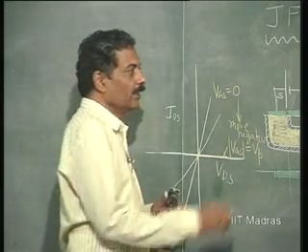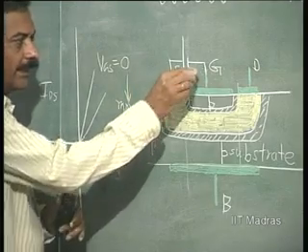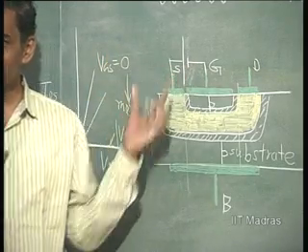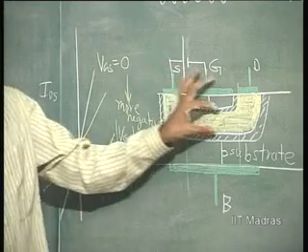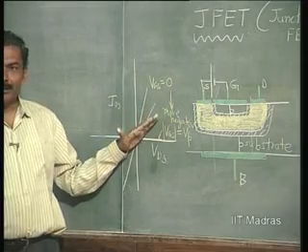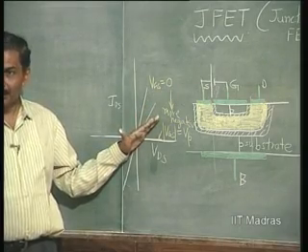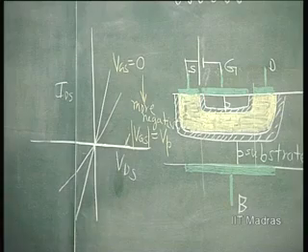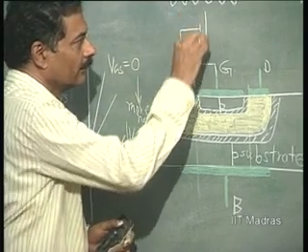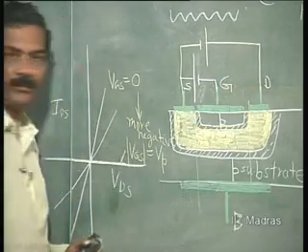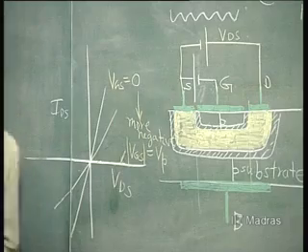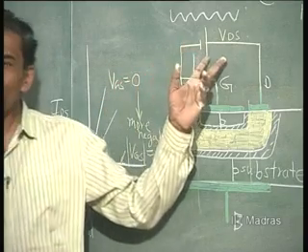Next, if that is the case, for a given value of VGS here, it is having a certain channel width, and the channel width is going to decrease as VGS magnitude is increased. But now when I apply a value of VDS, now you see, why did I apply this polarity?